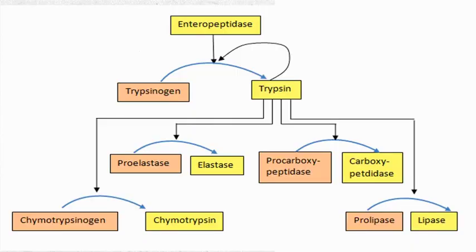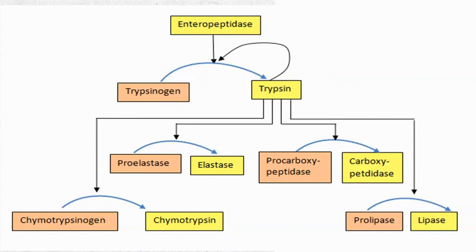For instance, with trypsinogen, you have an enteropeptidase that does some cleavages to form trypsin. So the inactive form of trypsin is trypsinogen. Trypsin can also help to convert trypsinogen to trypsin. And what is the function of trypsin? Trypsin is one of the enzymes that we see in the digestion of proteins.